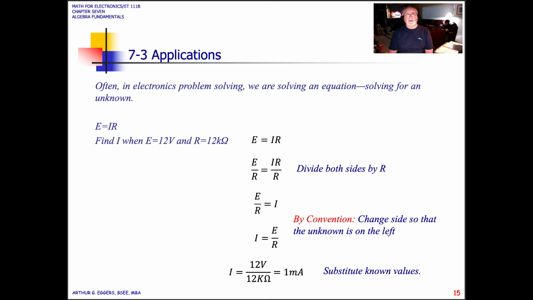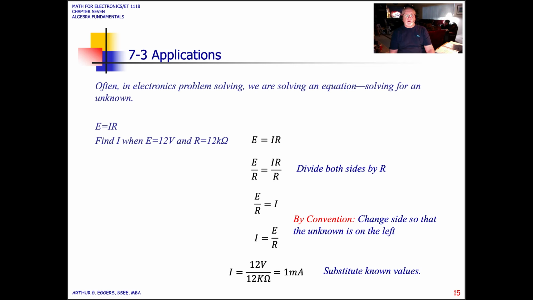So in this case, we want to take the basic expression E equals I times R, but we want to solve for that I. So it's going to require us to do some manipulation and insert the values for 12 volts and 12 k ohms for the unknowns. So when we start with our fundamental expression E equals I times R, we're going to divide both sides by R. And what that does is it isolates the current I to the right side of the expression, and we have voltage over resistance then on the left.